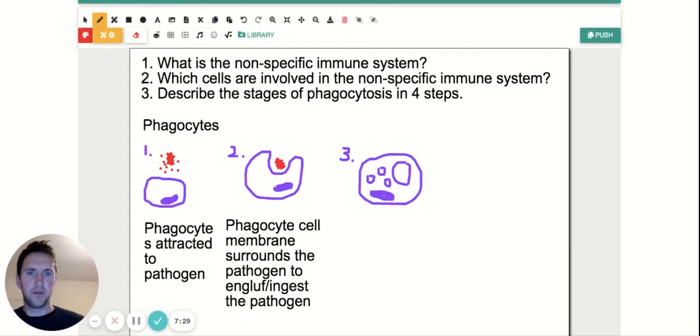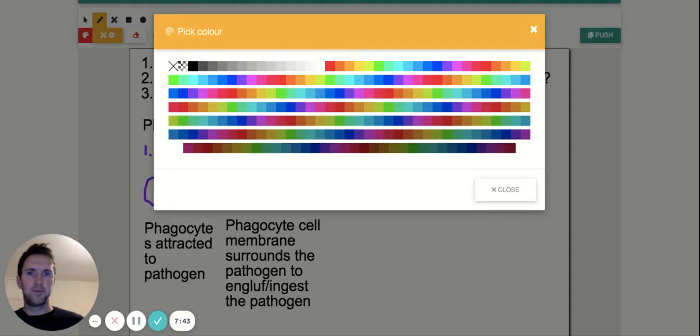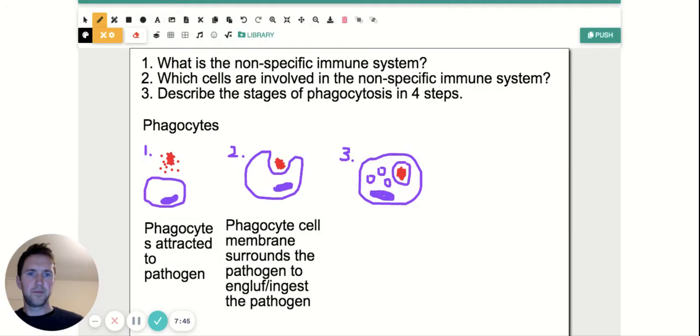While I draw this, I want you to think about what I am drawing. We'll add some labels actually. This structure here, I'll label that.